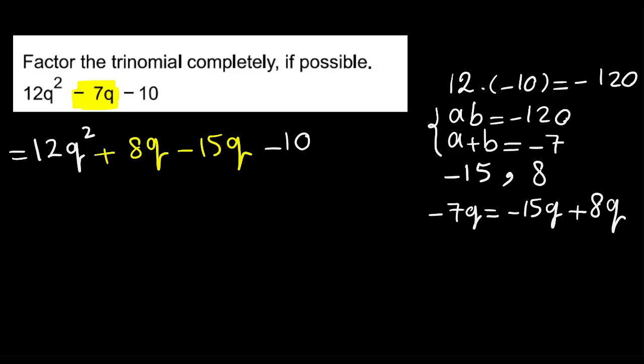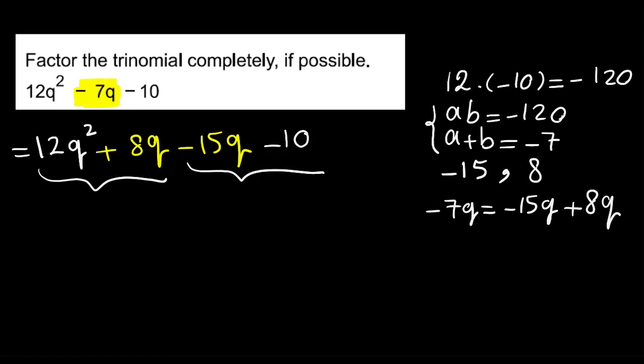The first group is 12q squared plus 8q, and the second group is negative 15q minus 10. Now between these two groups, we want to factor the common factor from the first and then the second group.